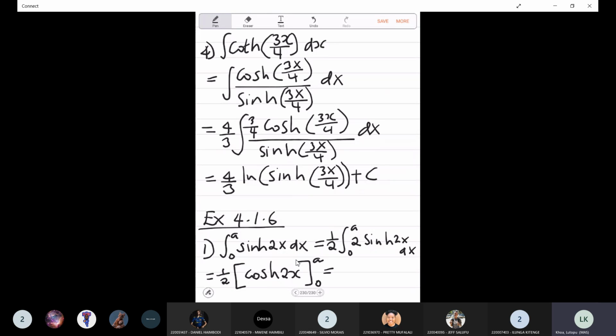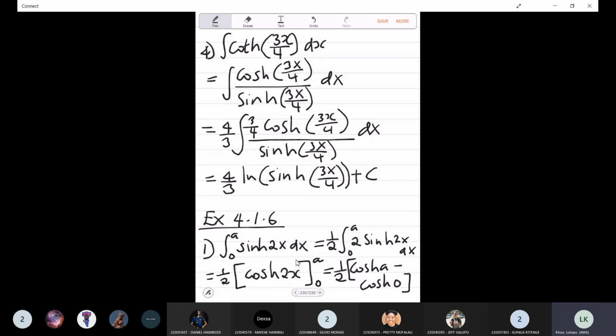This is a half hyperbolic cos of 2a minus hyperbolic cos of 0. And this is when you need to keep in mind what hyperbolic cos means.